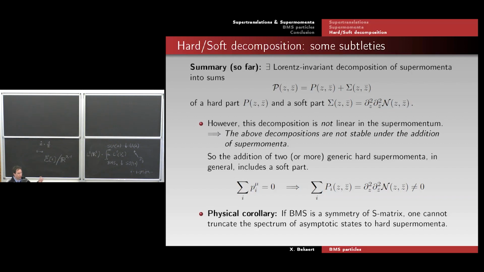You will produce soft parts. You cannot have a BMS invariant theory, a QFT, of only hard particles. It's not possible. So we are forced to do that, or we are forced to leave BMS. I have no prejudice, but at least you cannot just do the usual one while having BMS in mind.